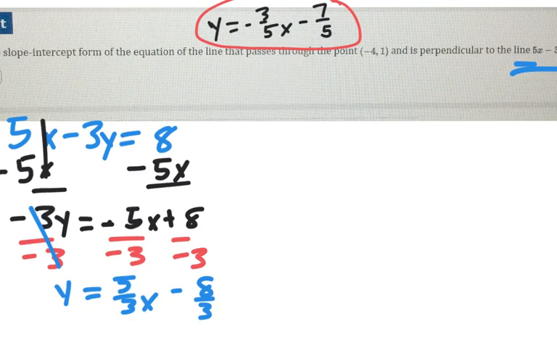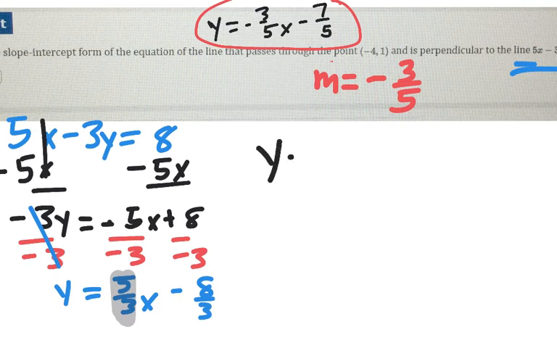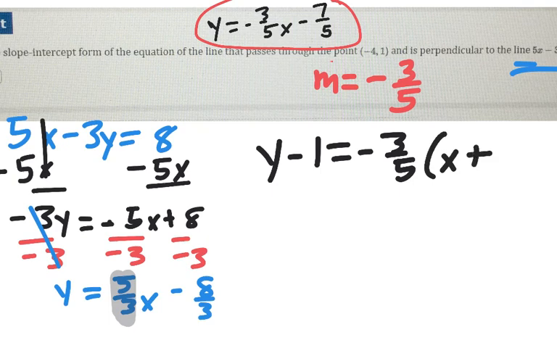Now my line is perpendicular to this line, so that line has a slope that is 5/3. That means my line must have a slope that is the opposite, negative reciprocal, -3/5. Everybody good so far? Now, here is the slope. Here is a point. So I'm going to put that into point-slope form. y minus y1 equals m times x minus x1.